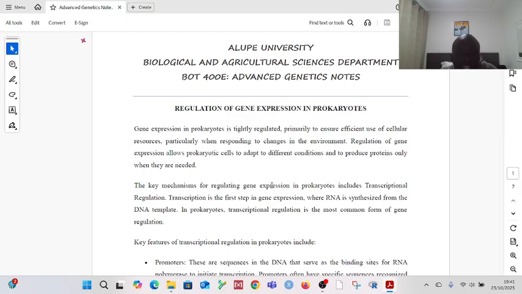Which means for the prokaryote to regulate the expression of its genes, it just regulates the transcription mechanism. Once it deals with the transcription, it has dealt with how the genes will be expressed.